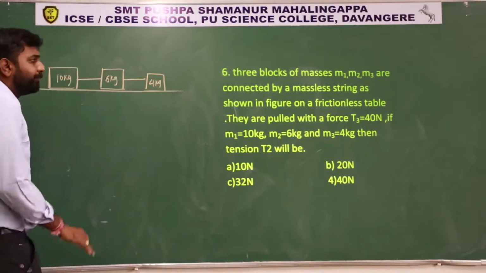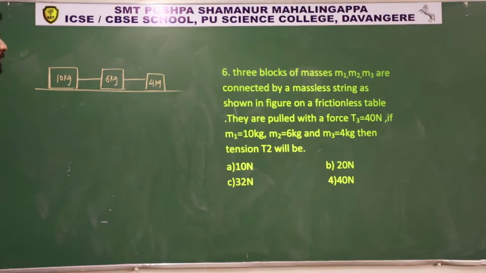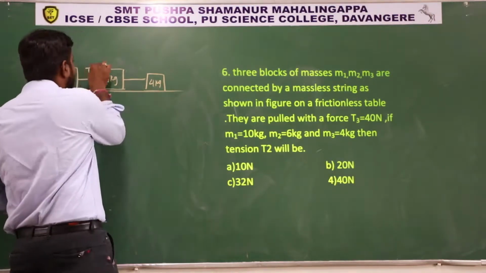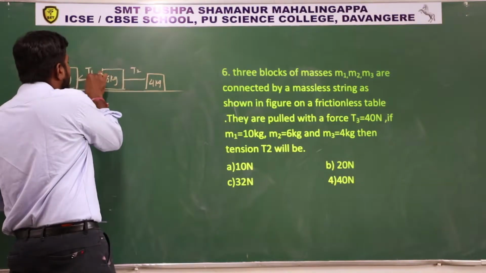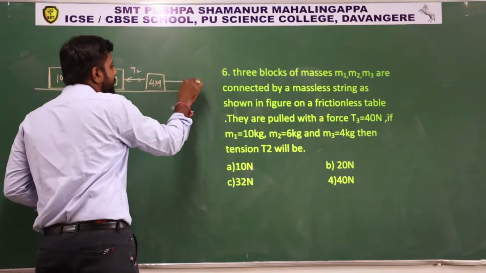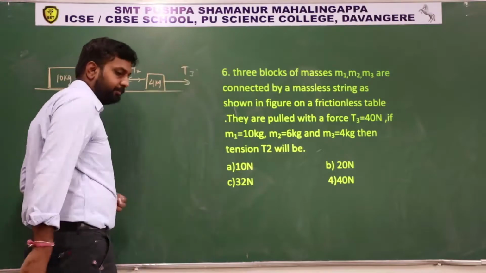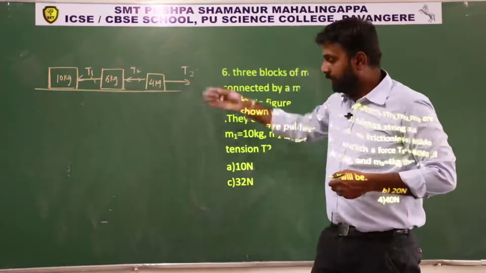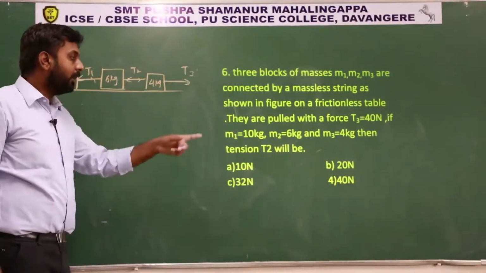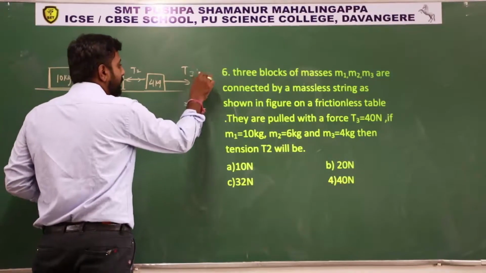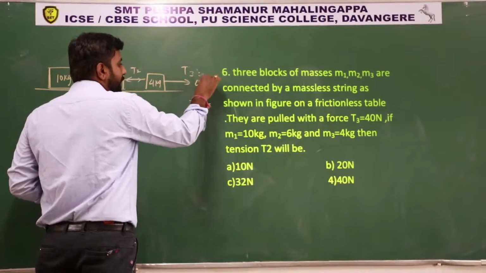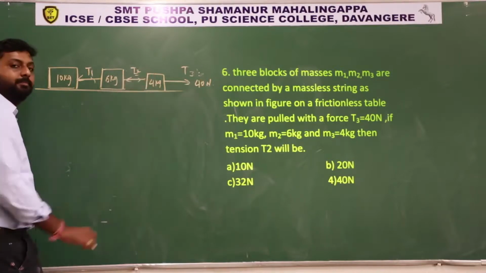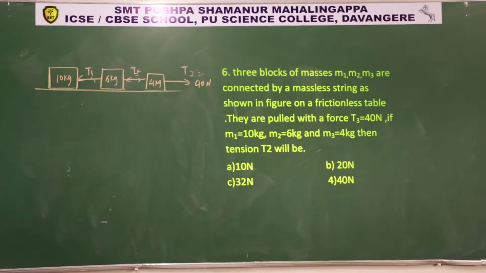This is on a frictionless table. They are pulled with a force T3, that means this is tension T1, this tension T2, and this tension T3. So this system is pulled with a force T3, whose value is given as 40 Newton. Then you have to find the value of T2.